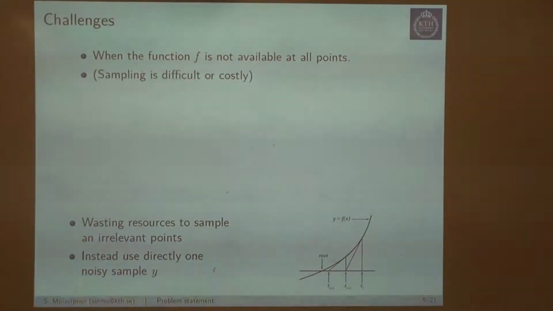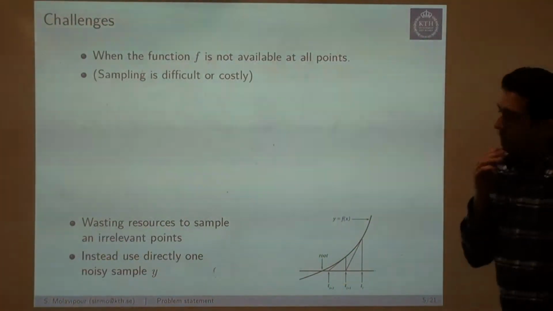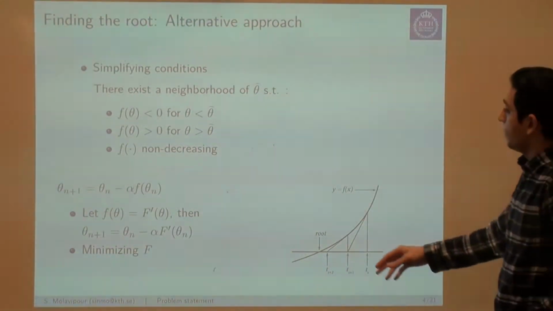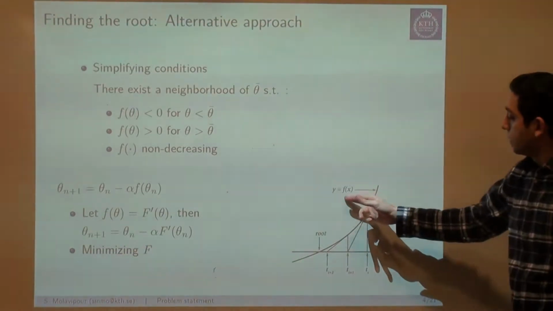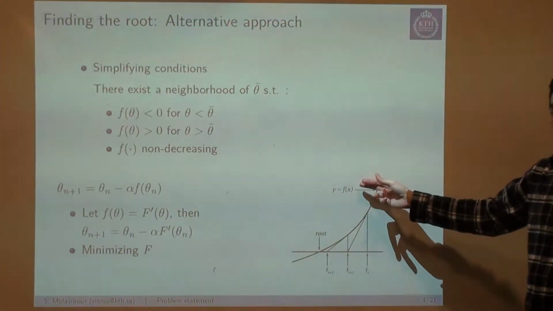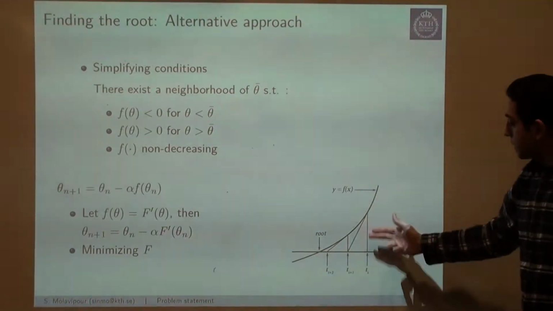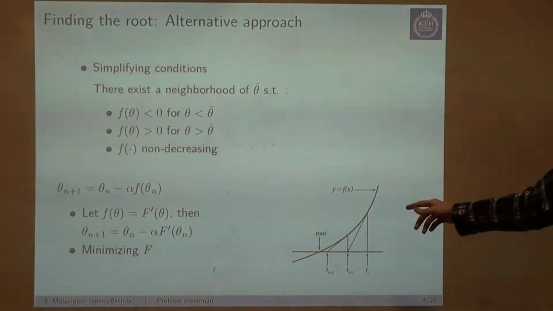So there are some challenges. Let's say I don't have access exactly to the values of f of x; this could be one challenge. Another challenge could be that it is costly to run the experiment.